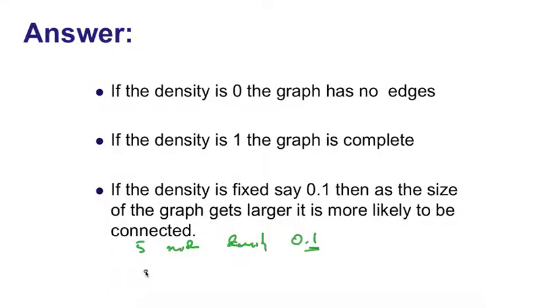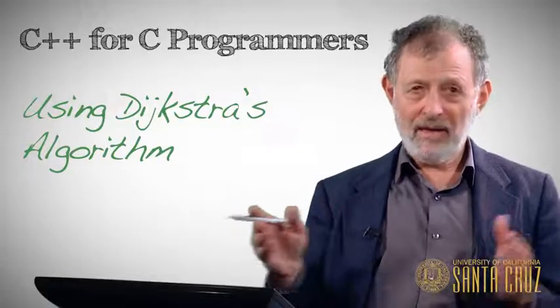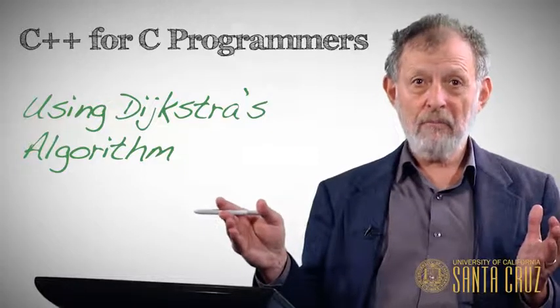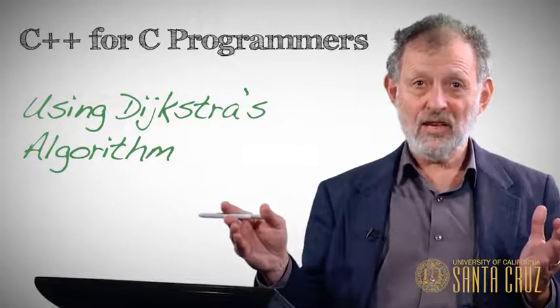Let's say we go to a 50,000 node graph whose density is 0.1. So if you're following me, the 50,000 node graph, and we have lots of 50,000 node graphs in the real world, just think of the map of all the cities in the United States.